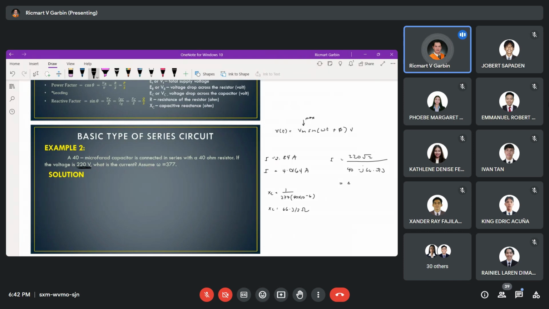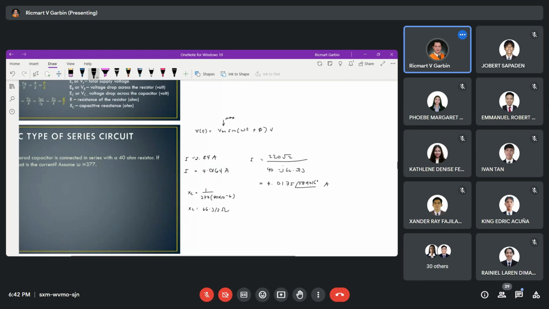Dapat ay magiging 4.0175 angle 58.9016 degrees ampere. Or, ang i of t natin is 4.0175 sine of 377t plus 58.9016 degrees ampere. So, ang maximum natin is equal to 4.0175 amperes. Okay? Maliwanag po.